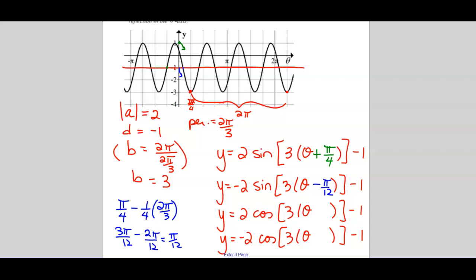And this x value here is a quarter of a cycle. So now we're going negative pi over 4 plus a quarter of the period, which ends up being negative 3 pi over 12 plus 2 pi over 12, which is negative pi over 12. Exactly what we estimated it as, but that's how we can check it.